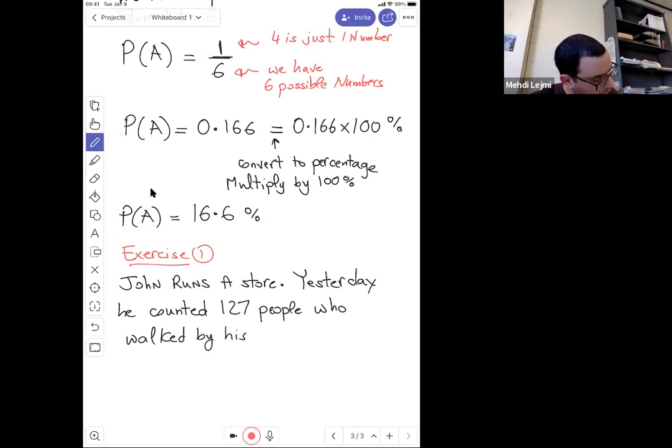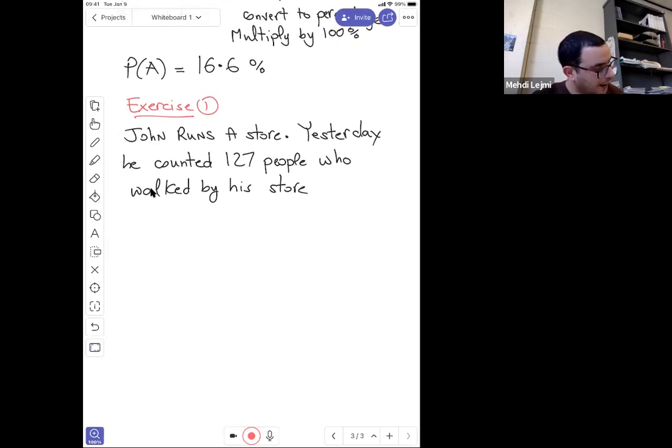And actually 58 of whom came into the store. So 58 out of the 127 came into the store.